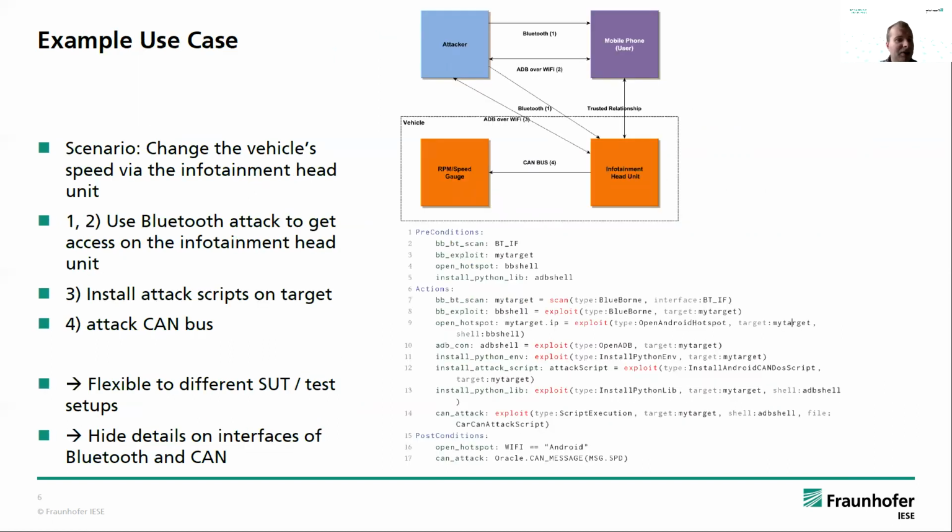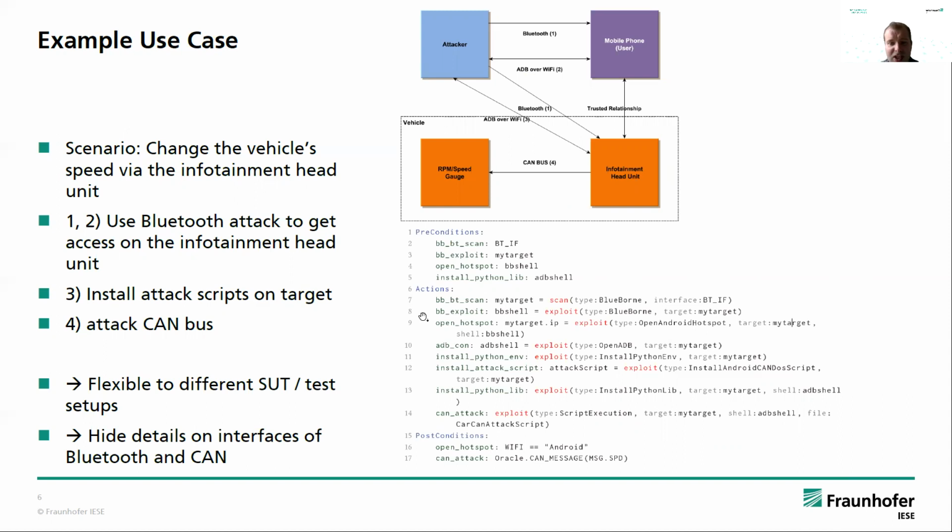We applied the ALEA language to one use case in which we want to change the vehicle speed via the infotainment head unit. Therefore, at first, the attacker used the mobile phone to get access to the infotainment head unit. Within the ALEA script, you see that at first, a scan of the Bluetooth interface takes place.